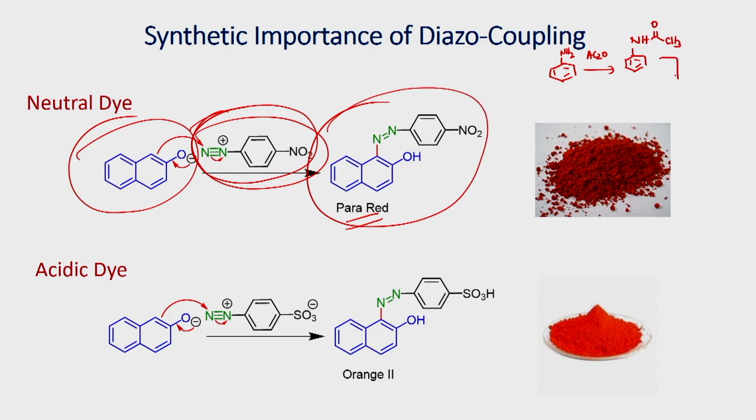Once you have this one, you can do the nitration. You will get a mixture of para and ortho product.